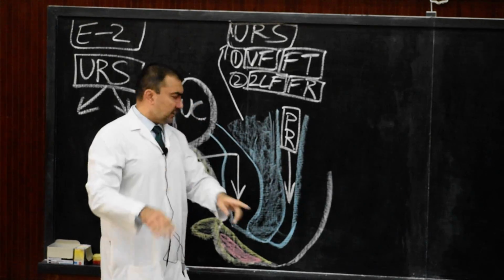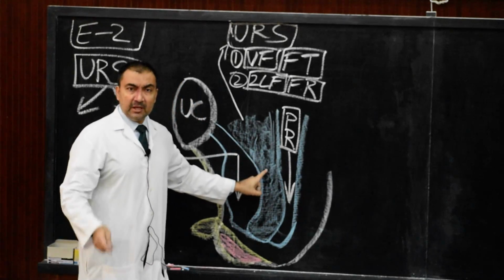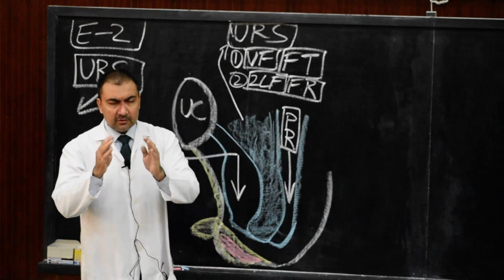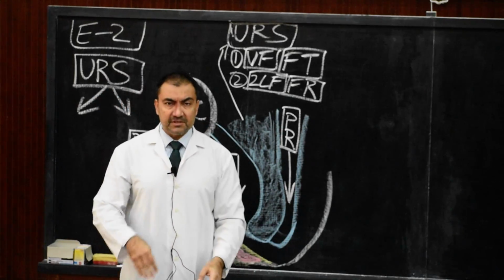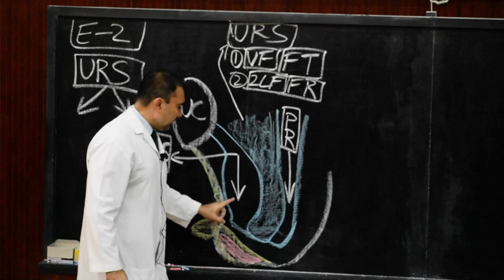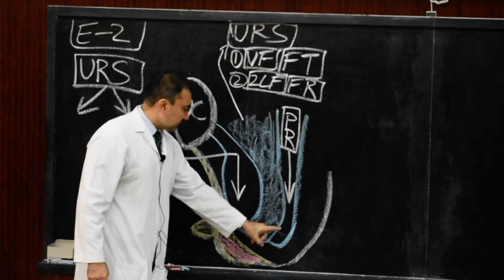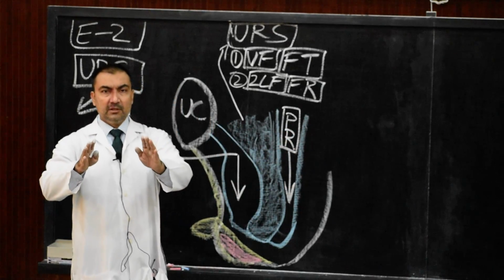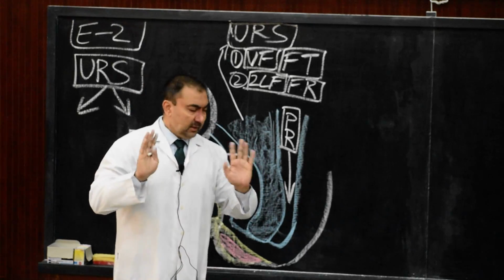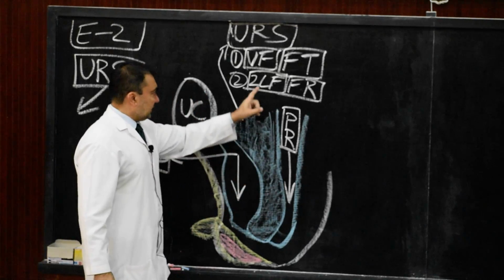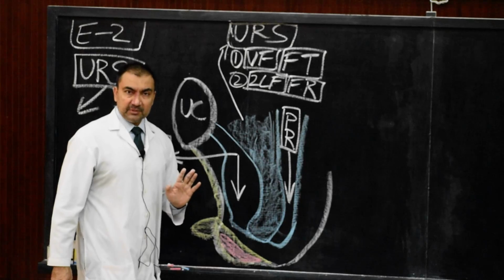These three folds will join and form the urorectal septum, which will divide the entire endodermal cloaca into ventral and dorsal division. The ventral division will be known as primitive urogenital sinus and the dorsal division will be known as primitive rectum. Very simple. So therefore, this is the diagram, this is how urorectal septum is developed.